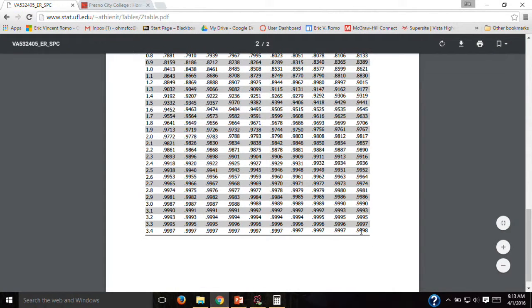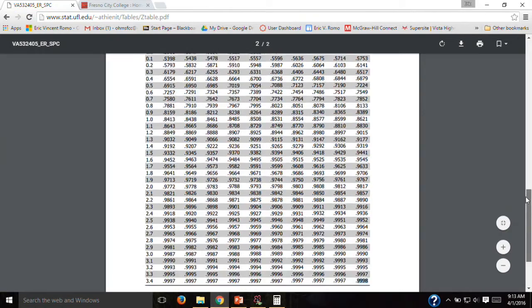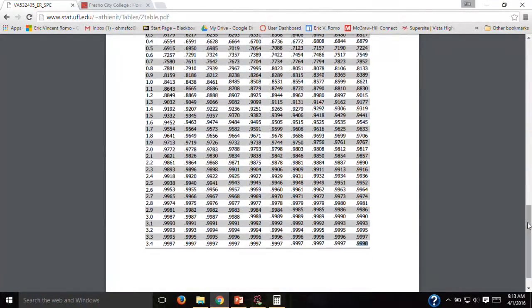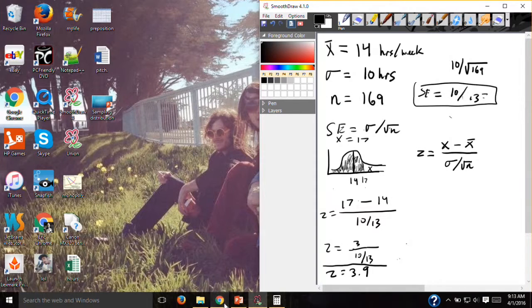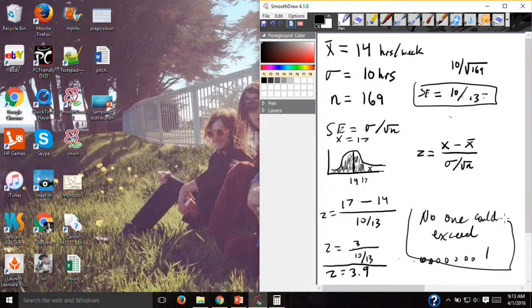Right, so as we can see right here, 3.4.9, so anything above that is already at the 100%, or almost 100%. So here I would write no one would exceed, except a very, very small amount, which would be 0.000000001.